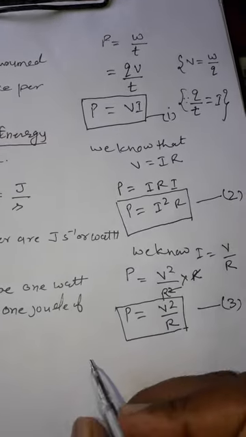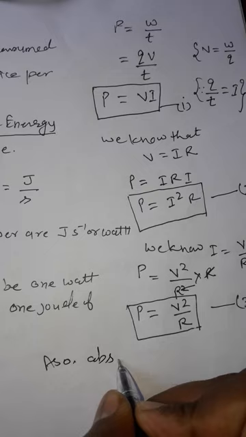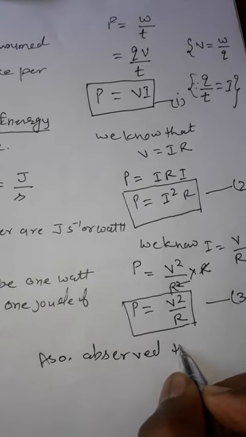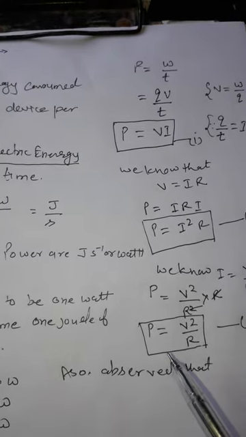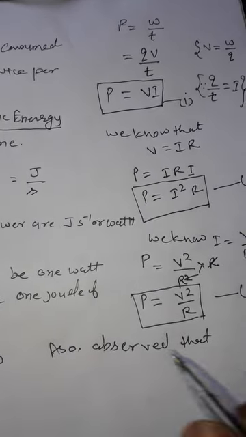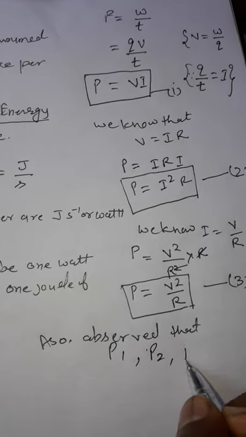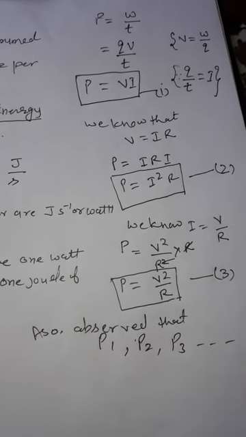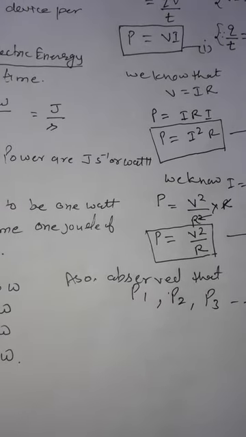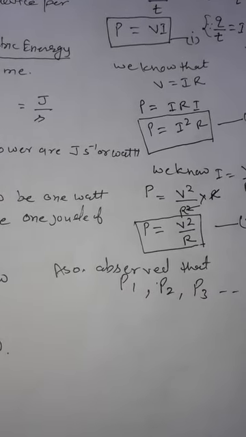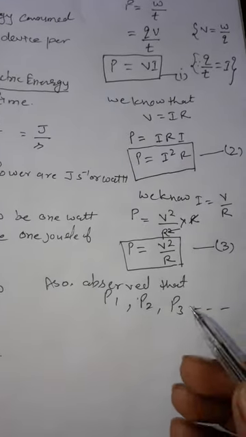Also observe that when there are a number of devices having power, say P1, P2, P3 and so on, and these devices are connected in series or parallel combinations, what is the net effective power of the circuit?